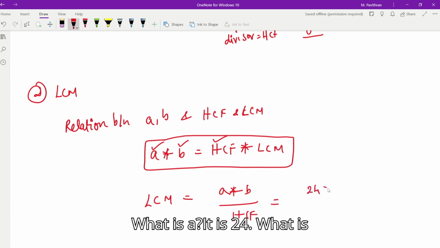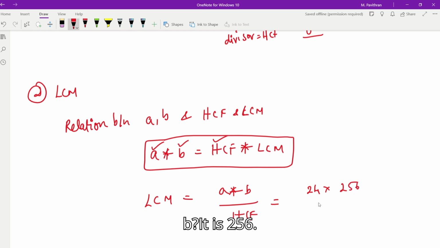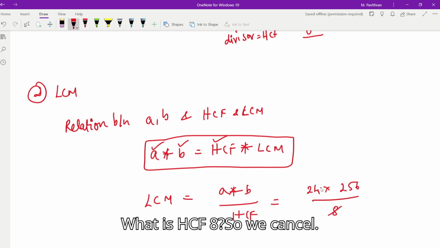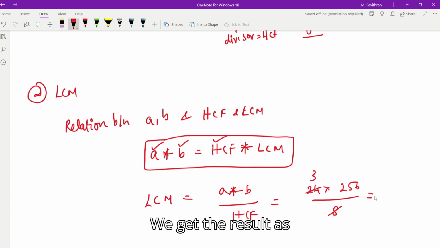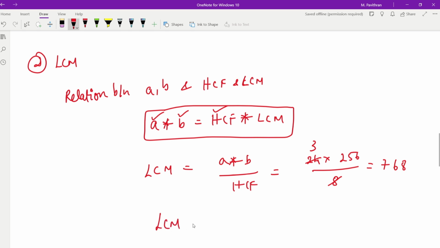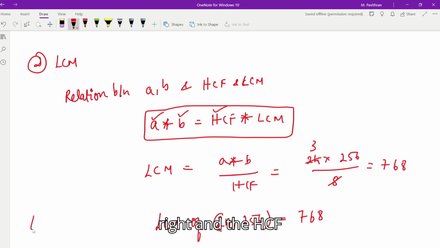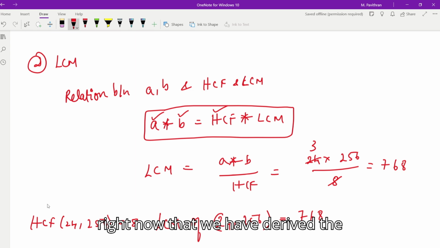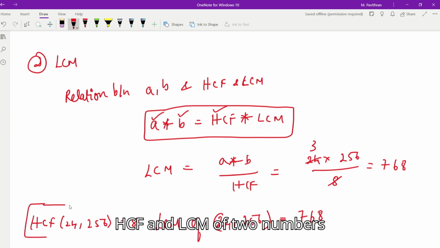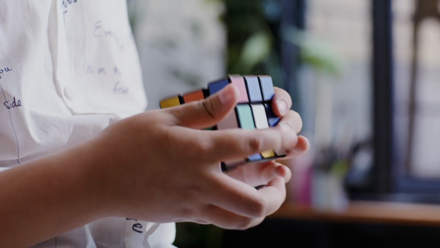It is 24. What is B? It is 256. What is HCF? 8. So we cancel. We get the result as 768. The LCM of 24, 256 is 768, right? And the HCF of 24, 256 is 8, right?